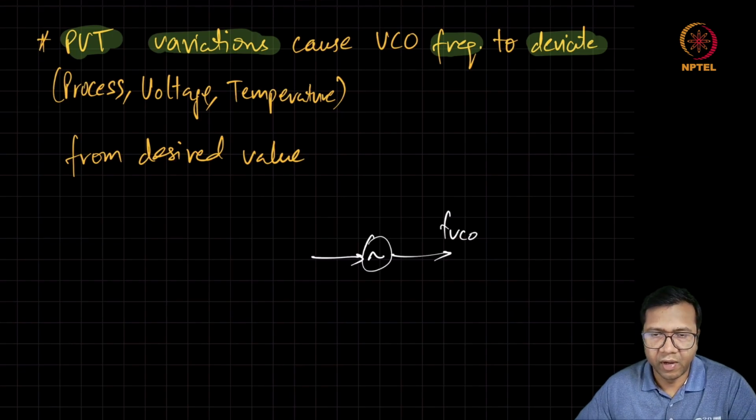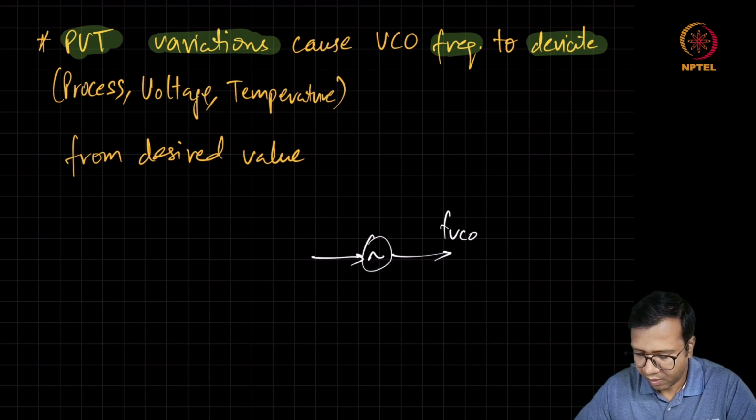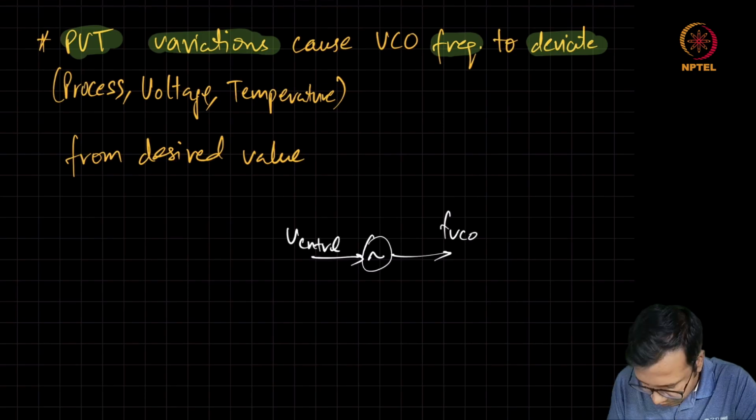Then in such a scenario, we need to use a feedback system, and that feedback will require a tightly controlled, well-defined, stable oscillator. Using that stable oscillator, we are going to ensure that the output of the VCO frequency is also very well defined.